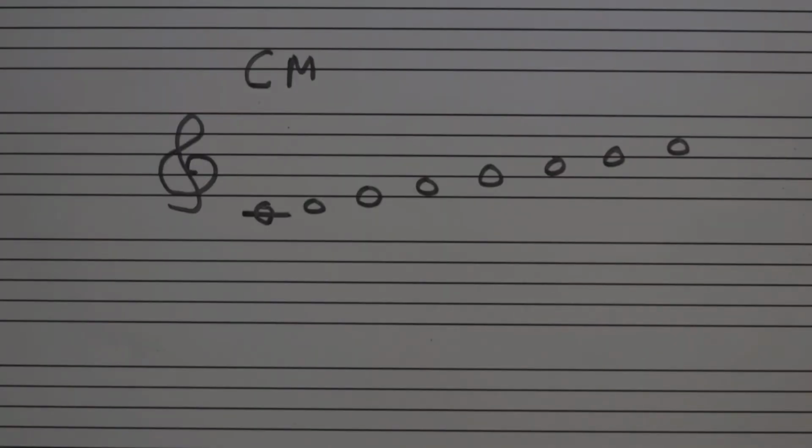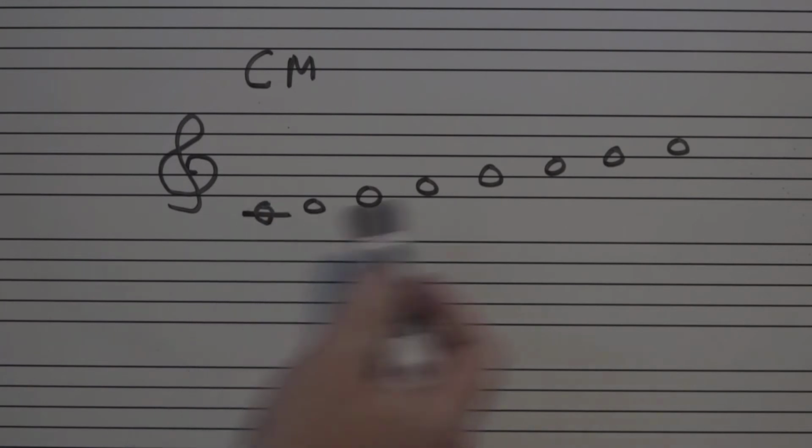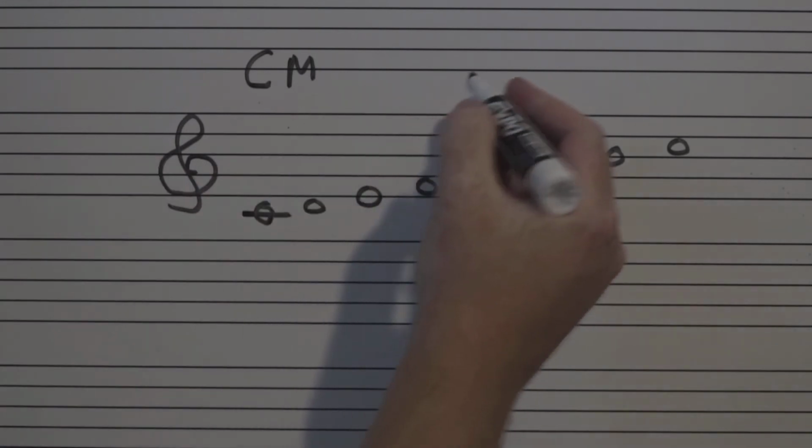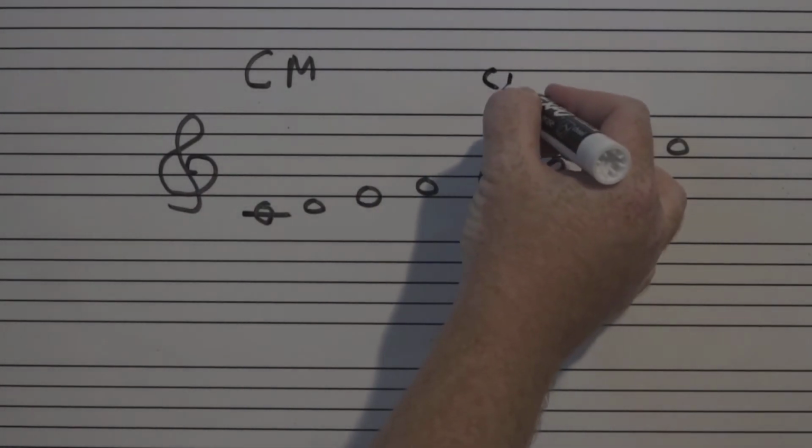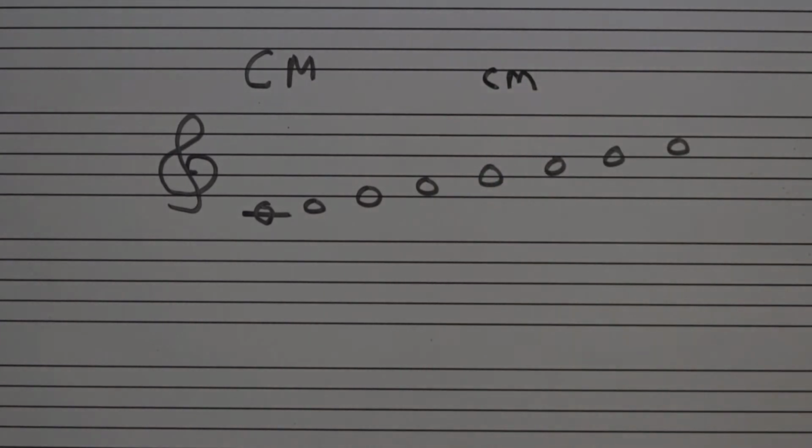Let's use our parallel key signatures to find from major key signature to minor key signature. For example, let's go from C major to C minor. If you remember what we did, C major was at the top, and then we moved over 3 spots to find our C minor.